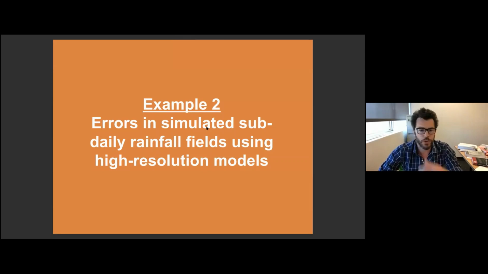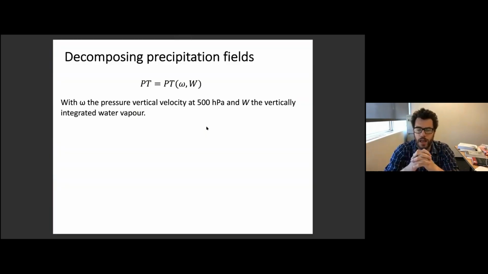So now I move to the second example, and here we are going to look at errors in simulated subdaily rainfall fields using very high resolution models. The idea is in some way the same. We want to look at the precipitation, not really extremes, just precipitation in general.